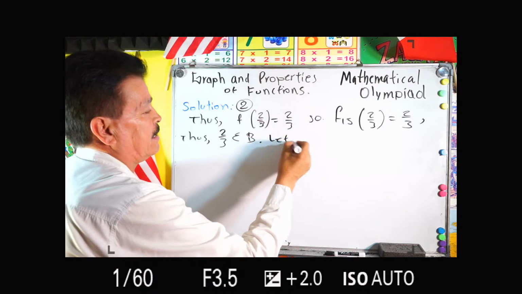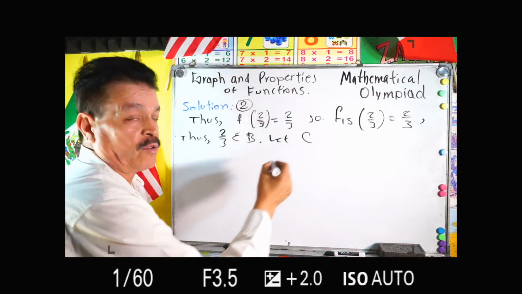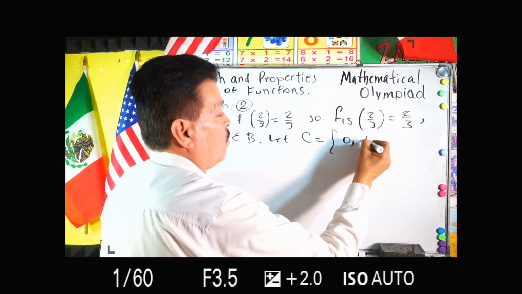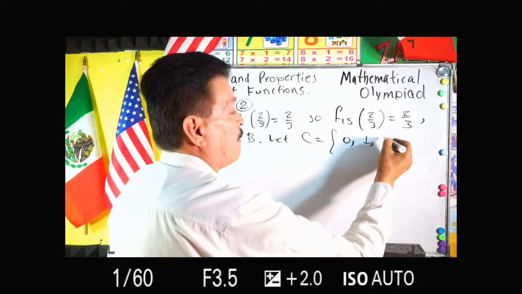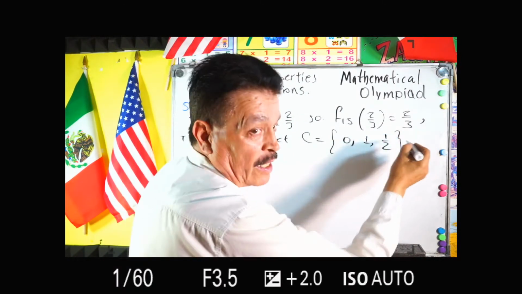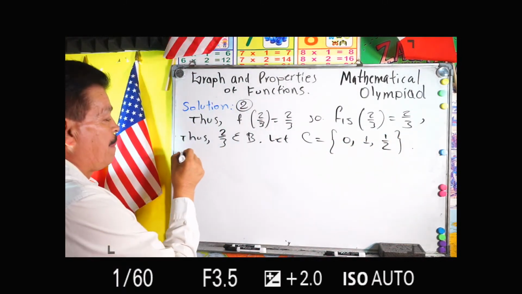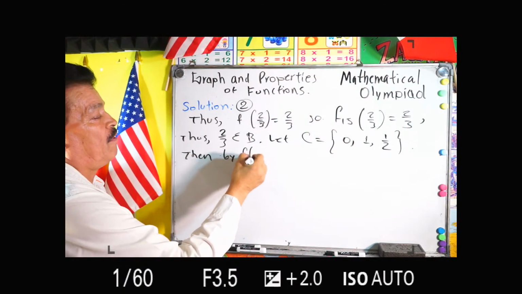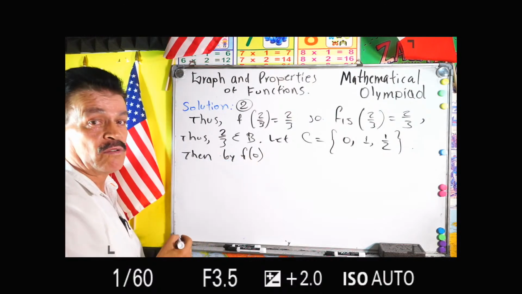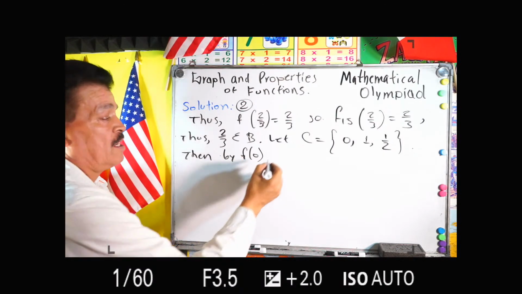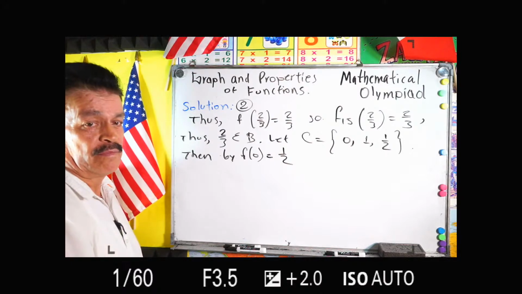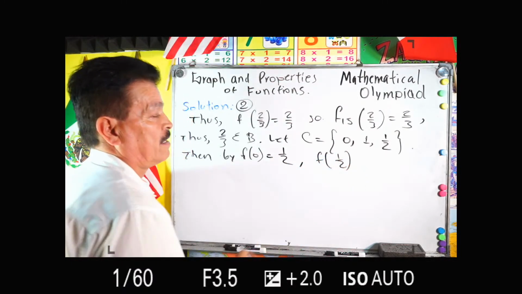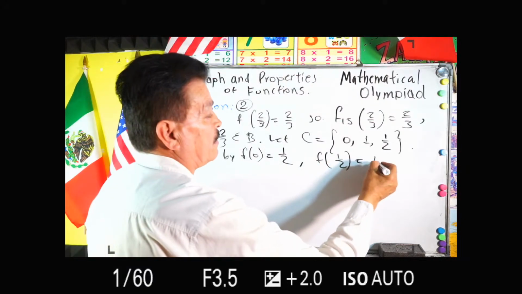Now let's see in the same process, let's write this group 0, 1, and then 1/2, right? So by f of 0 equals 1/2. See, and then f of 1/2 equals 1.